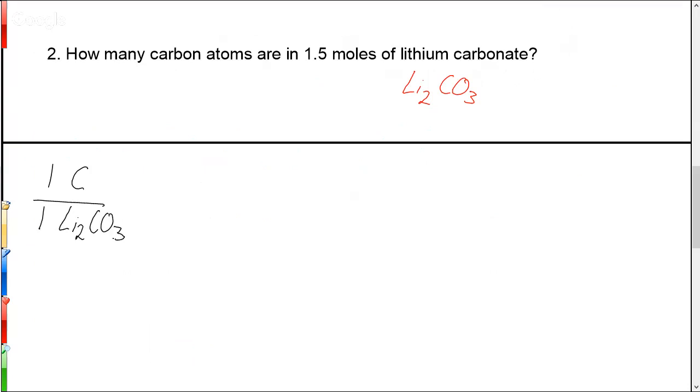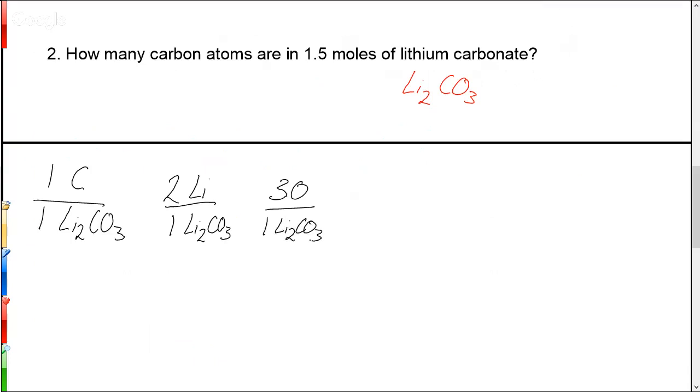That's what the fact that there's no subscript tells us. We could also say for this particular compound that there's 2 lithiums per each lithium carbonate. We could also say there's 3 oxygen per each lithium carbonate.